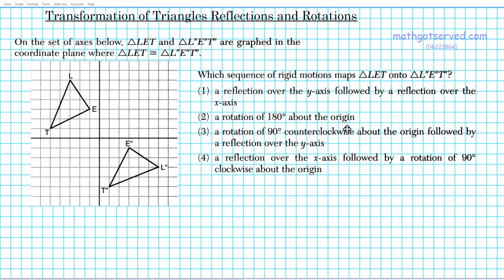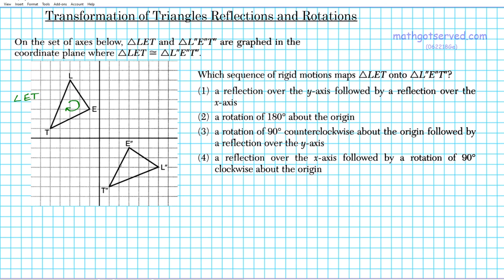One thing that can help us to narrow down our options is to take a look at the orientation of the original compared to the image. If we take the original triangle LET and go in a clockwise rotation, we have L, E, T. Now let's look at the image and go in the same orientation.